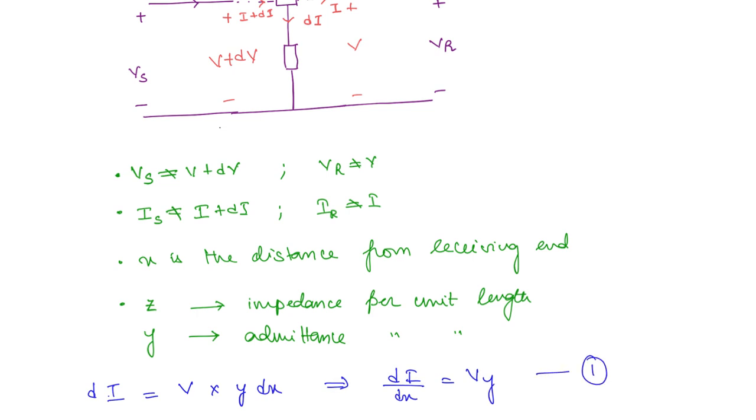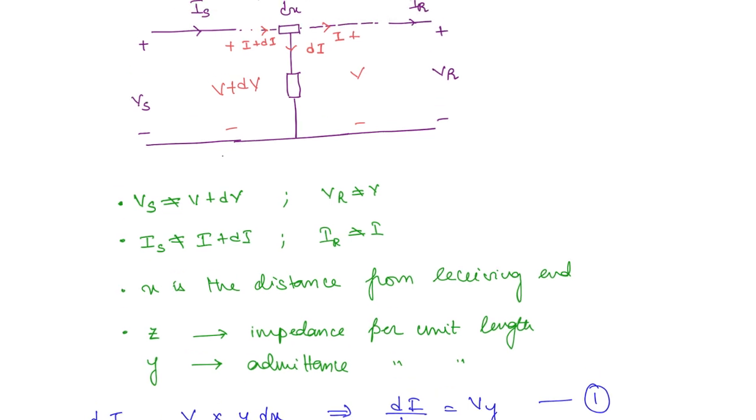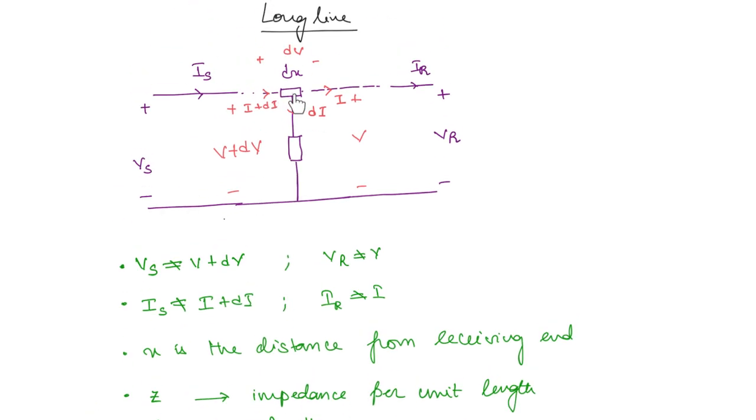Similarly, you can write an expression for dV, okay. If you take this elementary length, for unit length the impedance is z, so what will be the impedance for dx length? z into dx, okay. So the voltage drop dV will be the current through it into z dx. The current once again you can assume as I. It is either I plus dI or I, right.